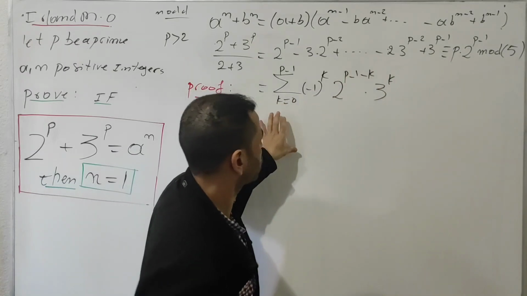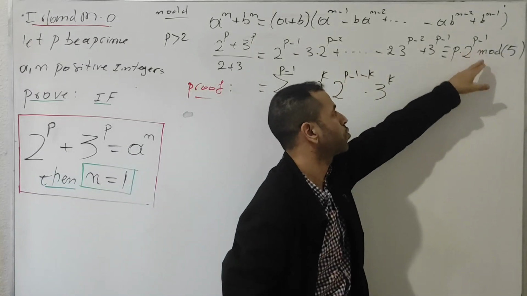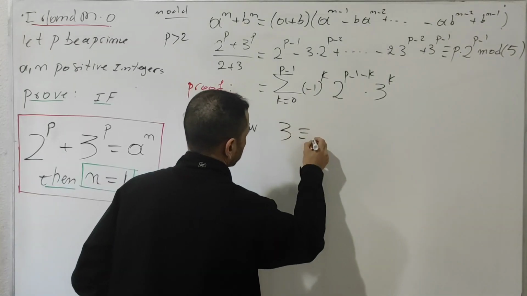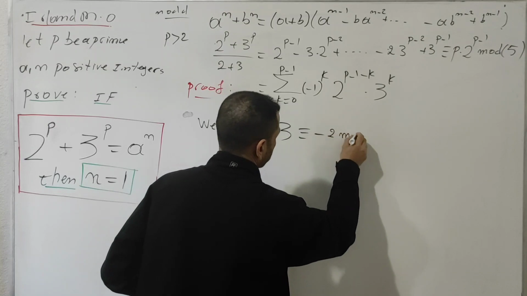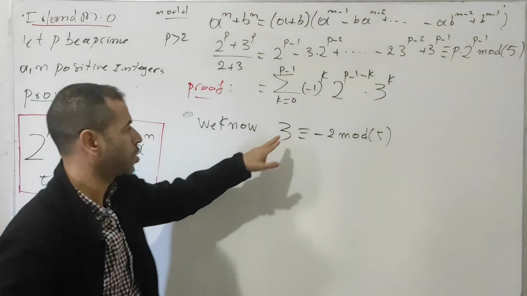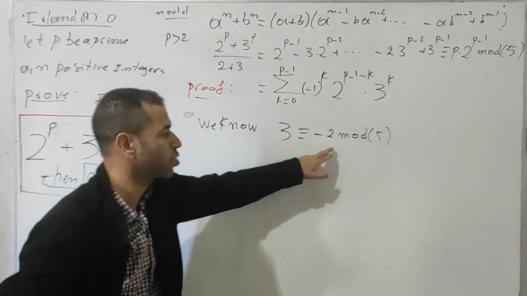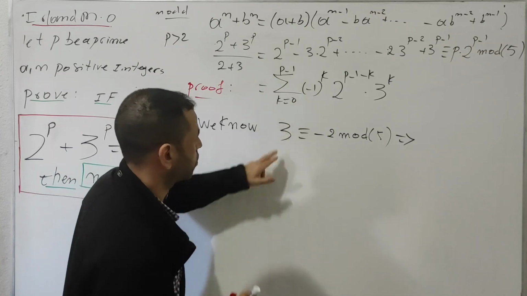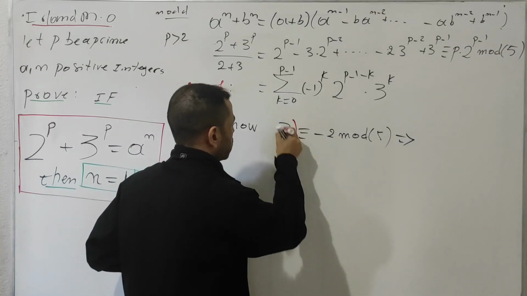I'm going to prove this is congruent to p times 2 to the p minus 1 mod 5. We know 3 is congruent to minus 2 mod 5. If you take minus 2 to the left, you will have 5 congruent to 0 mod 5, which means 5 divides 5. I'm going to raise both sides to the k.